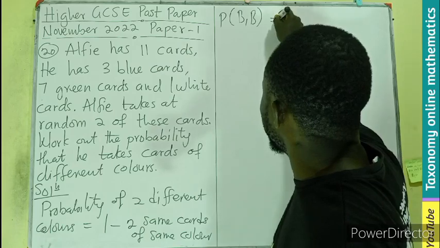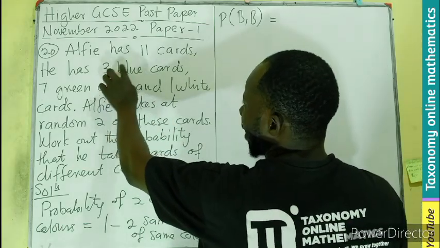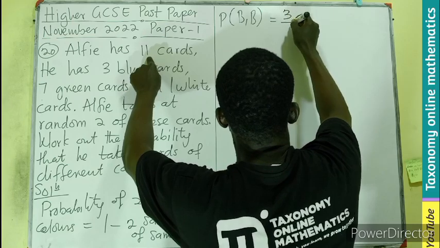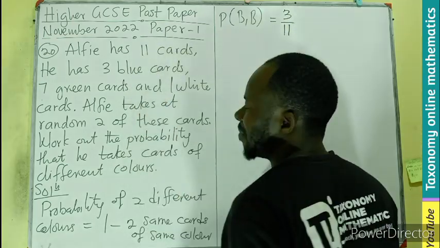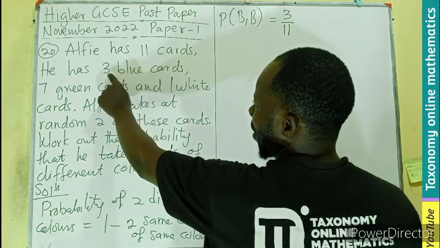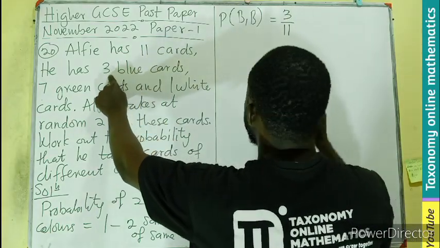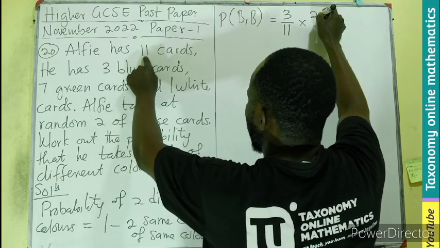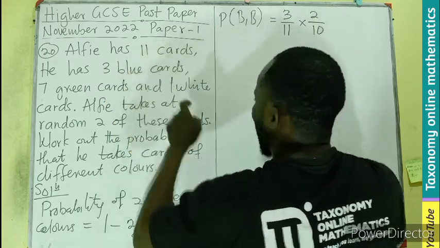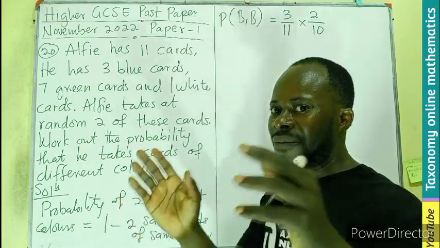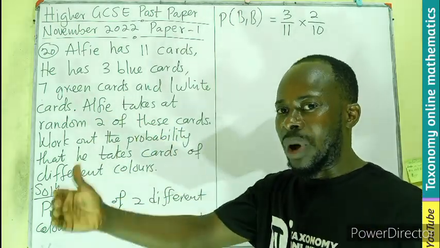This is going to be blue out of the total. The blue number is 3 out of the total of 11. Picking the second one, the number of blue cards reduces to 2, then the total also reduces to 10. We are picking 2 cards, the first one and then the second one.